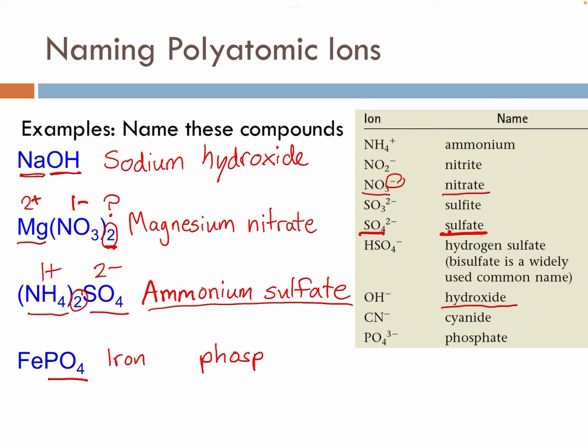I'm just going to leave a blank there in the middle, but I do know that phosphate has a charge of -3. Well, if there's one iron for every one phosphate, and phosphate needed to steal 3 more electrons, then iron must have given away 3 electrons. So that tells me the charge on my iron must have been 3. So this must be iron 3 phosphate.